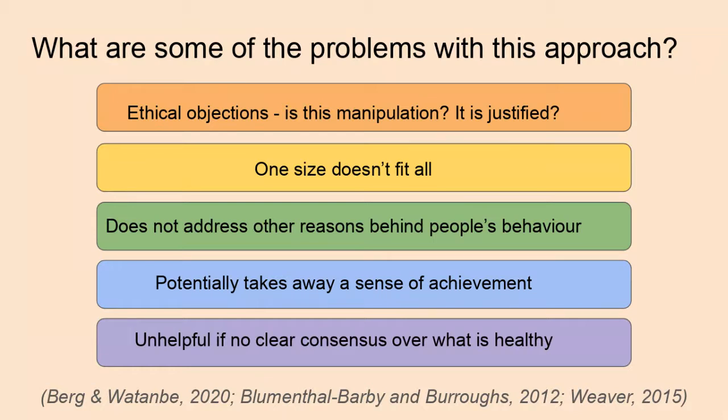Also, it can be problematic to make these changes when we're not really clear about what it is that's healthy. So I guess you could make this argument about some nutritional approaches where there might be a grey area as to what the optimal diet is, and again that might vary by person.